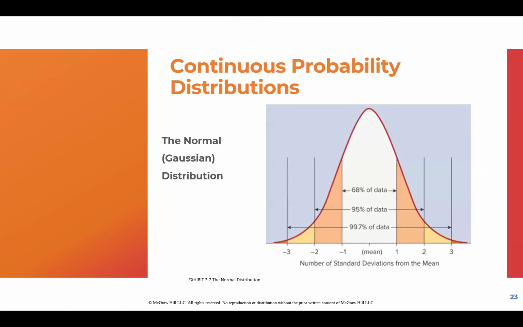So a perfectly normal distribution is also called a Gaussian distribution. Most of the engineering people call that a Gaussian distribution, but most of the business people call that a normal distribution. And 68% of all the data points are here on the x-axis.